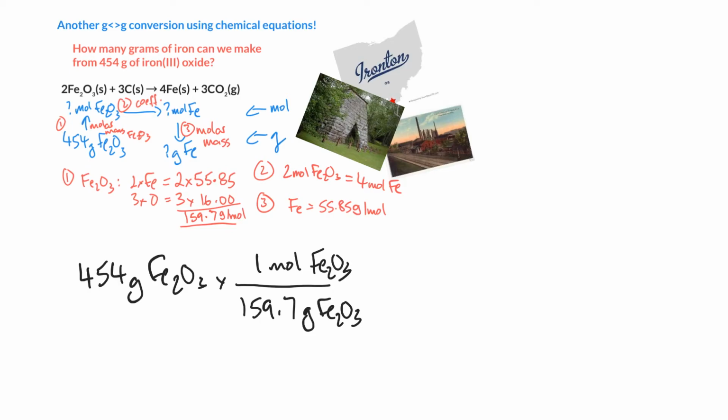And I am fairly obsessive about units here, because units will save the day. If you get the units wrong, the problem's wrong, and the units are a great way to keep track of that. Step number 2 was that finger pointing, right? So we pointed the 2 and the 4 in our equation. So the 2 moles of iron(III) oxide go on the bottom because they have to cancel with the ones on the top.